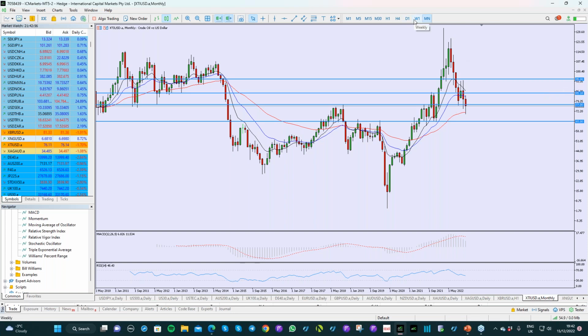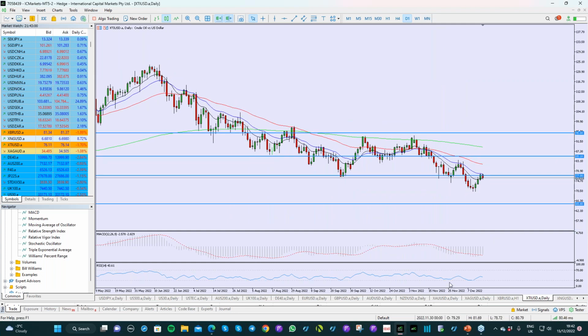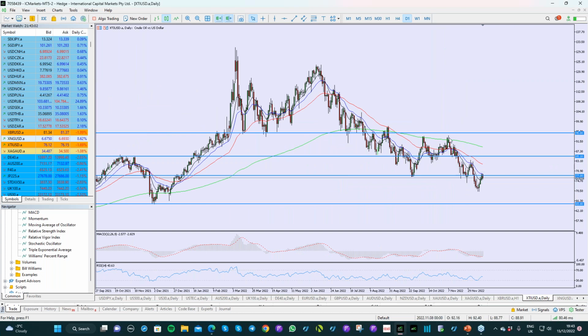So if we just go down to the daily time frame now, again, I see lower highs and lower lows in price action. I see bearish RSI and bearish MACD, so we've got convergence of those momentum indicators, suggesting that the potential for a further move to the downside could be strong. The momentum to the downside is still there.